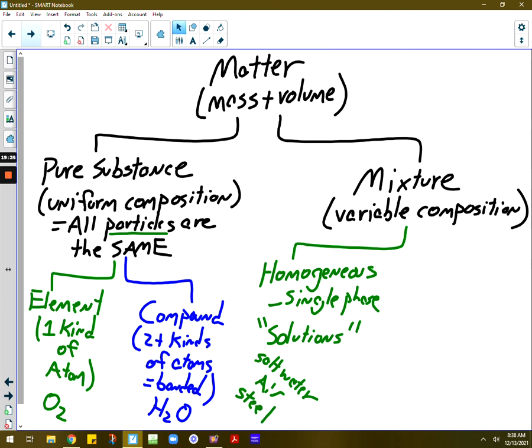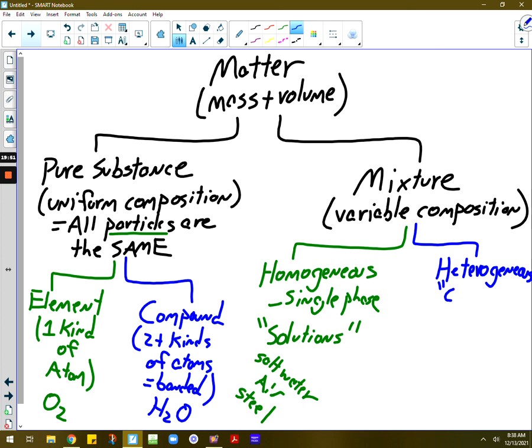You can also have heterogeneous mixtures. Almost ran out of space there. Heterogeneous mixtures exist in multiple phases. You can see that they've got chunks.